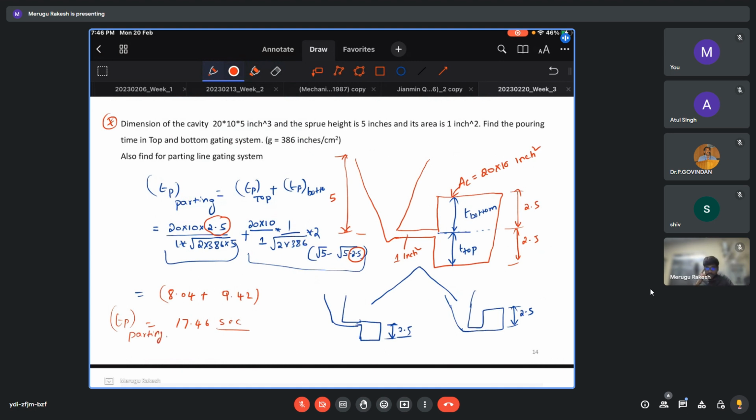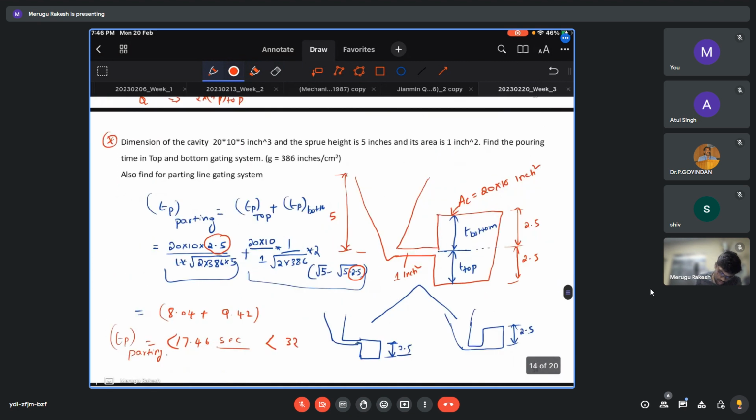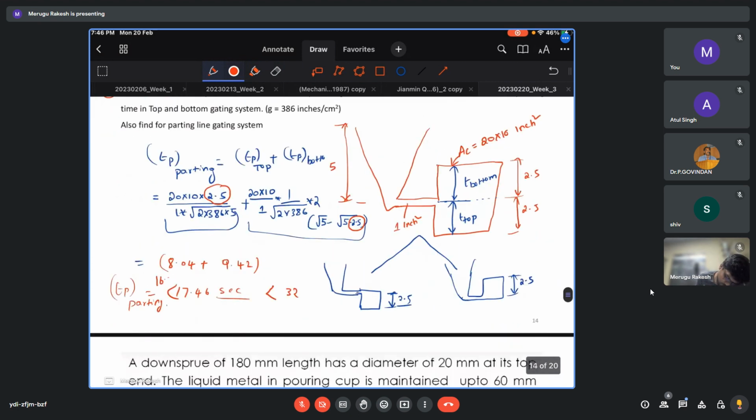Okay, I hope you are getting 17.46 seconds. So if this is less than 32, which is in bottom gating system, and 16 top gating system.